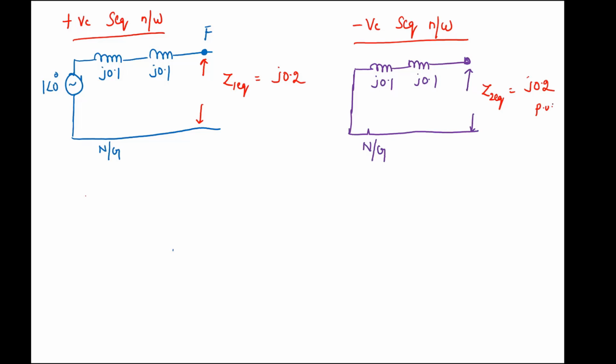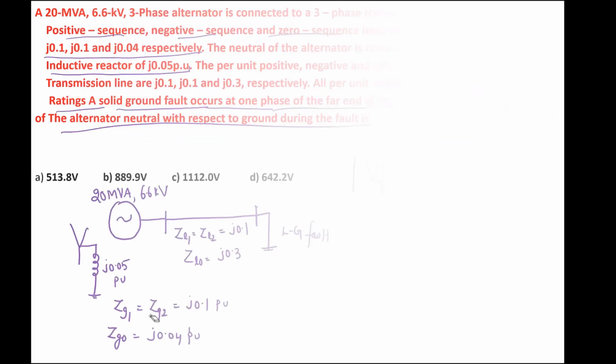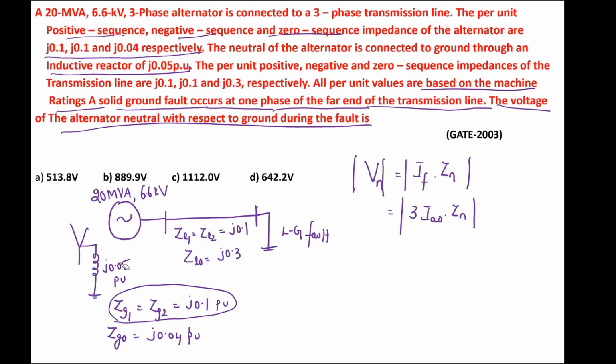Now if you draw the zero sequence network for this system, first you have the alternator, whose neutral is grounded through a reactor, so Zn is j0.05.